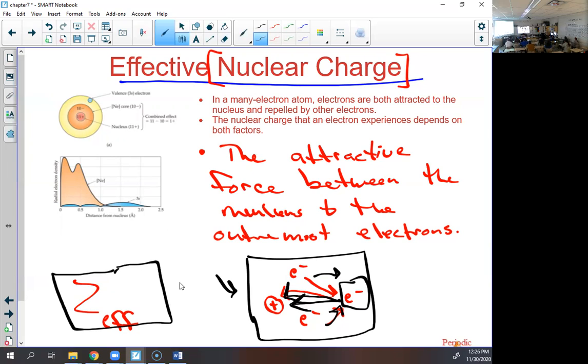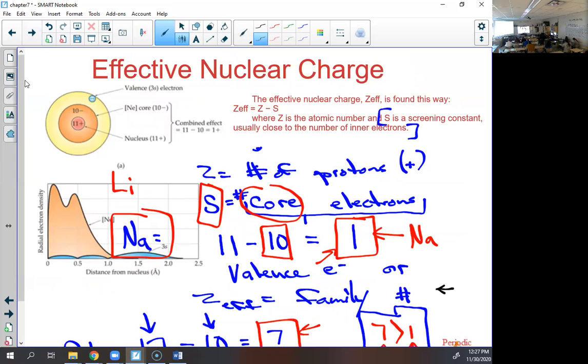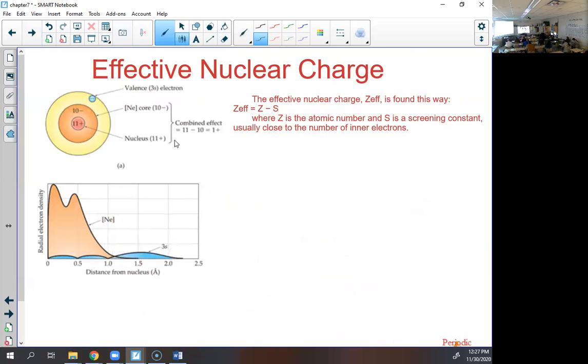Zeff is how we determine an actual value for the effective nuclear charge. It's not a real value, it's just a value we make up for comparison's sake. All right, there's a lot of stuff here. I'll bring that back in a minute. So the effective nuclear charge, or Zeff, is found in this way.